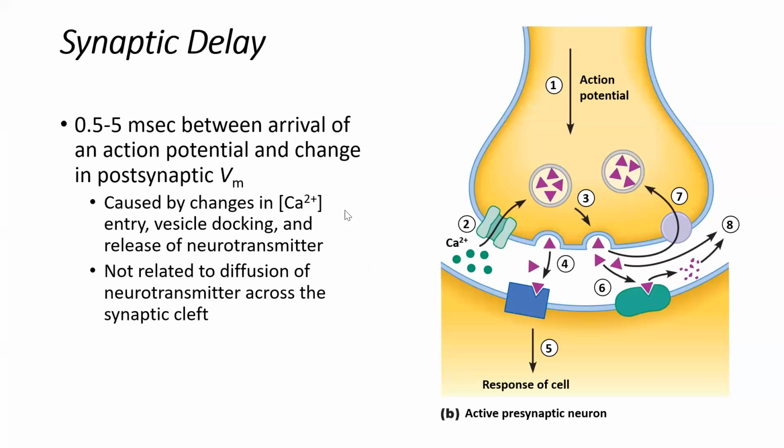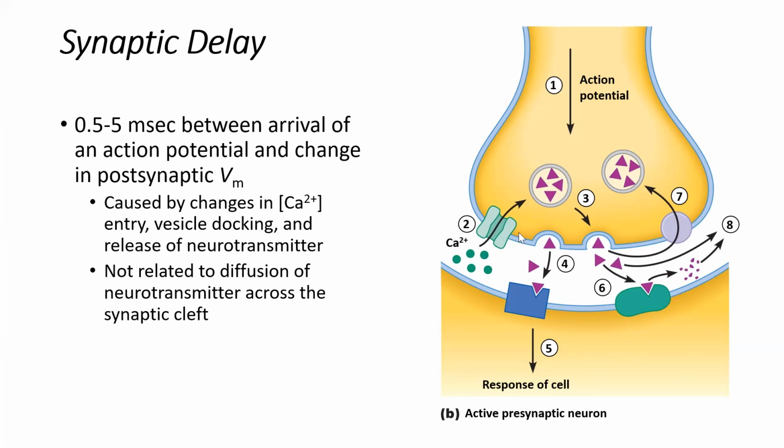All right. Now we want to talk about the 0.5 to 5 millisecond delay, which exists between the time that the action potential arrives at the axon terminal and the time that it takes for us to then see some type of change in the membrane potential on our postsynaptic cell. The reason that there's a delay is because it takes time for exocytosis to occur.